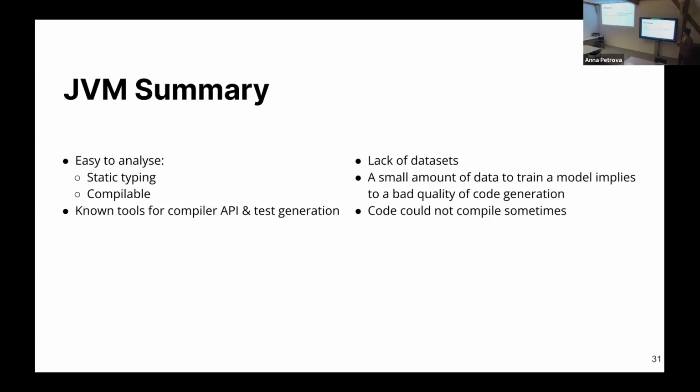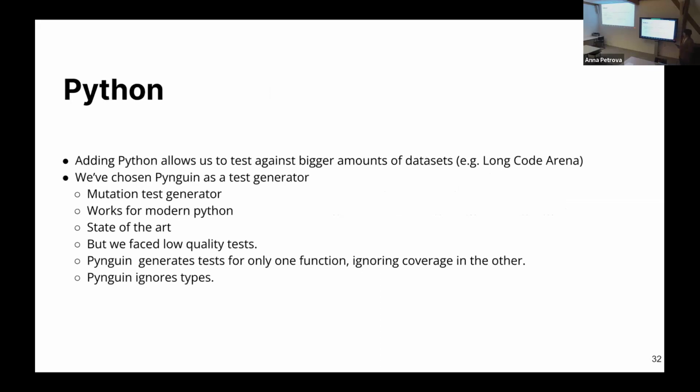Moreover, we have some known tools for test generation, and we have some knowledge about compiler APIs, so it's easy for us to write solutions for JVM languages. But the datasets tend to make us implement quite a complex implementation of the semantic metric.